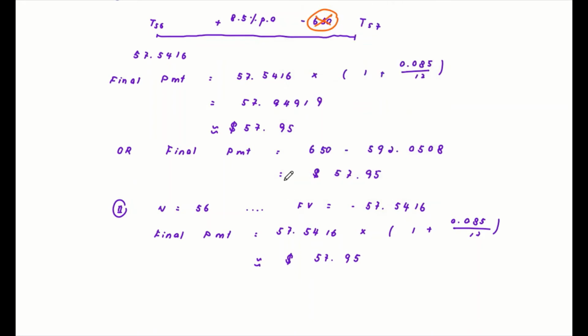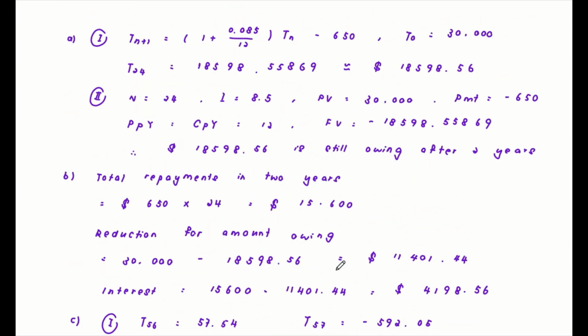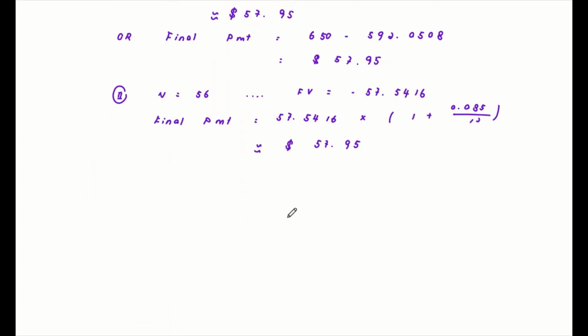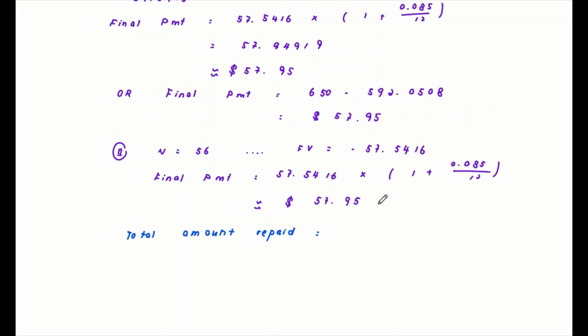All right, so I'm going to use the other color. This is like continuing these two, because the question is to find out what is the total amount repaid, right? So the total amount repaid will be just equal to, for 56 months, we pay the regular repayment.